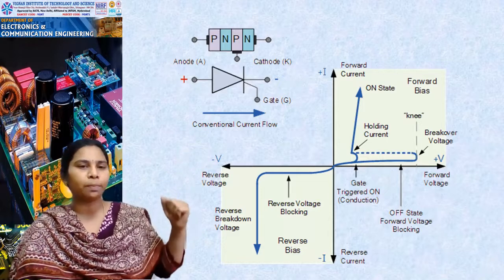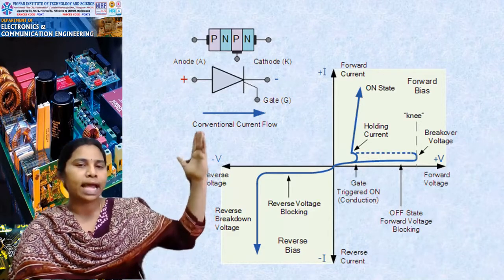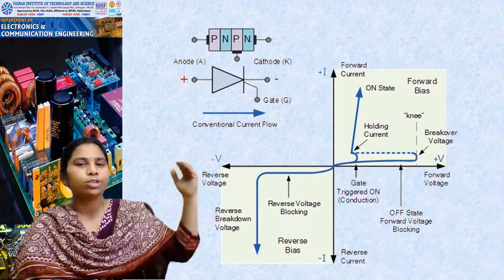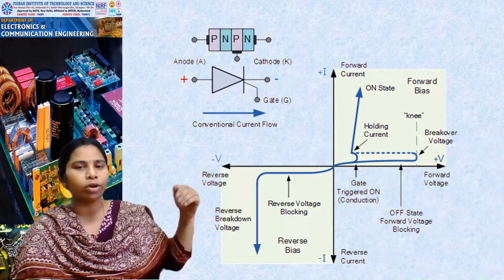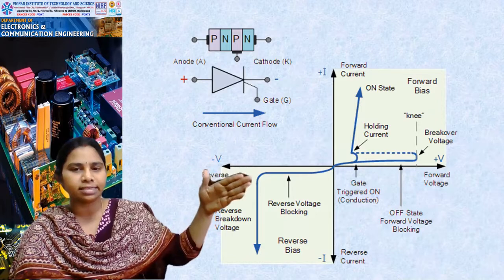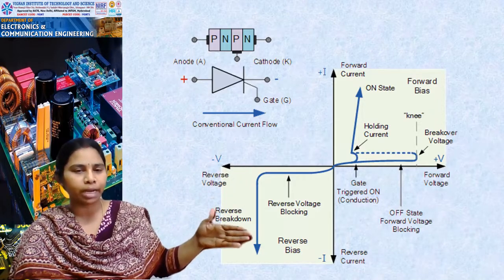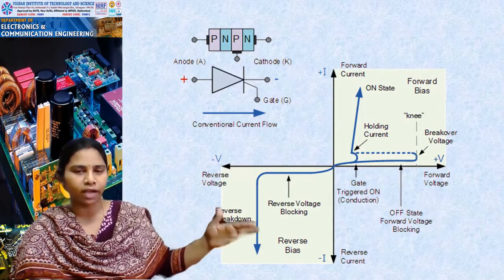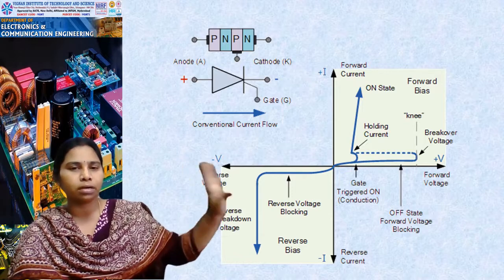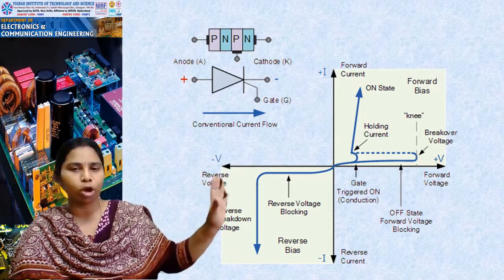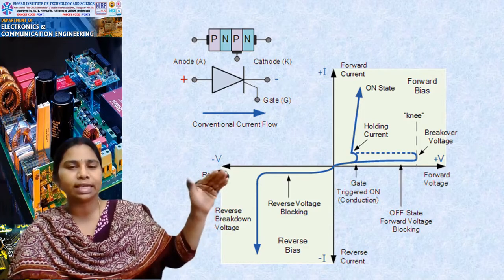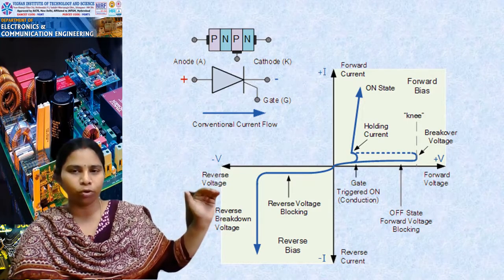This is a 4-layer PN device. You will have a circuit symbol like this. When you reverse bias, that means when you apply a negative voltage to the anode, you will see this type of characteristics, where at breakdown voltage you will see heavy flow of current. This mode of operation is named the reverse blocking mode, where you will see very little leakage current until breakdown voltage.